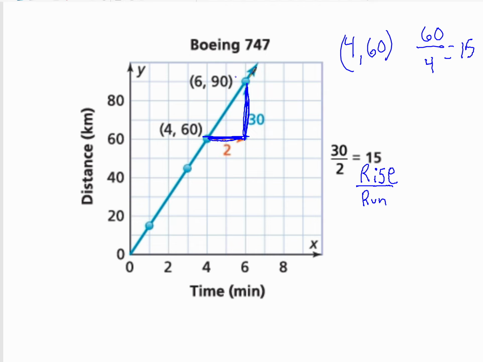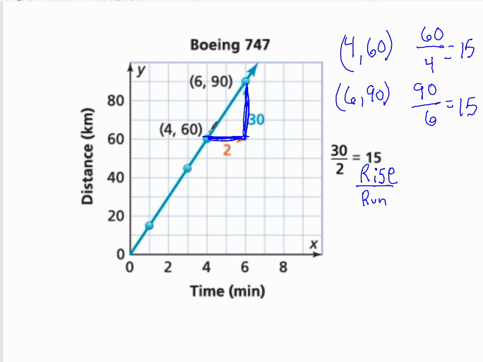And if I just take this ordered pair, 6, 90, and put the y value over the x value, what is 90 divided by 6? It's 15.